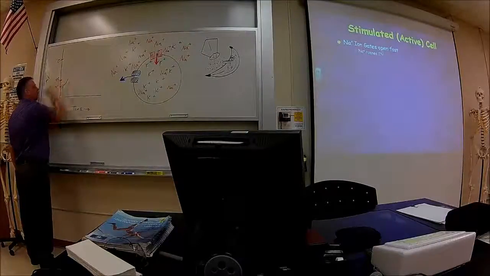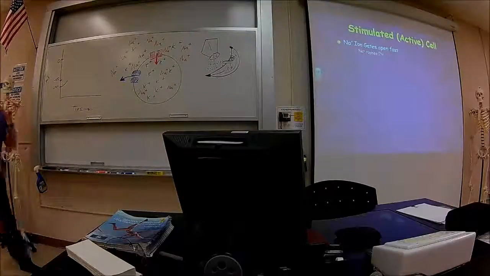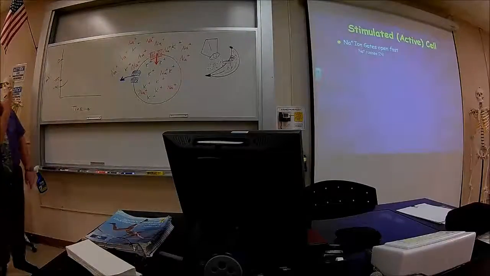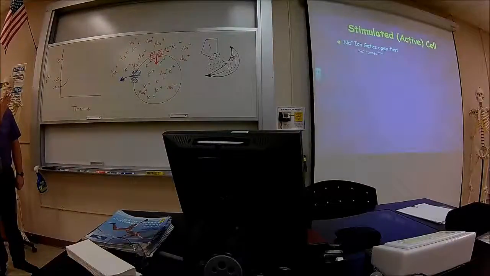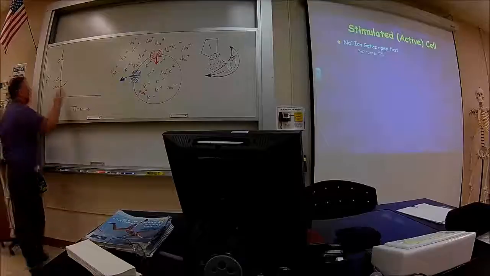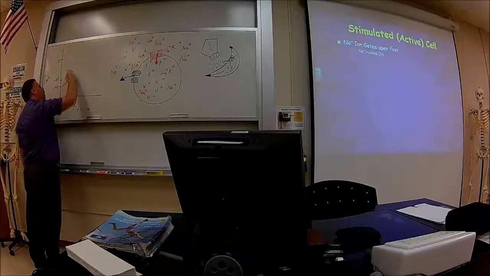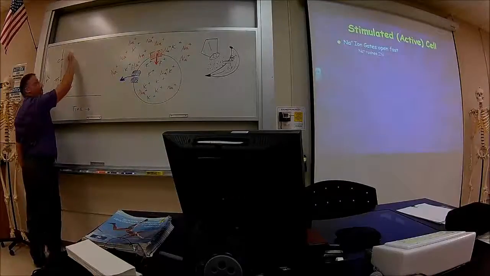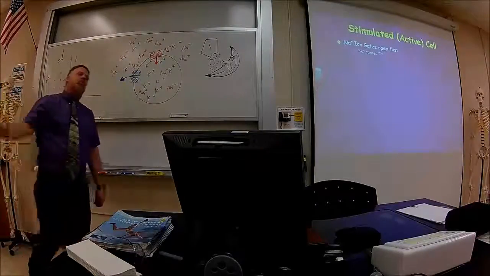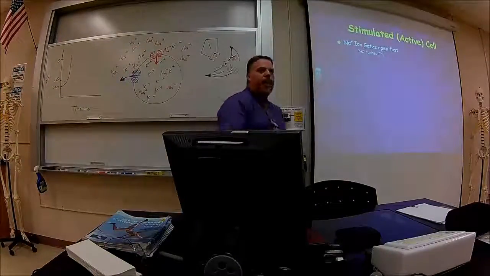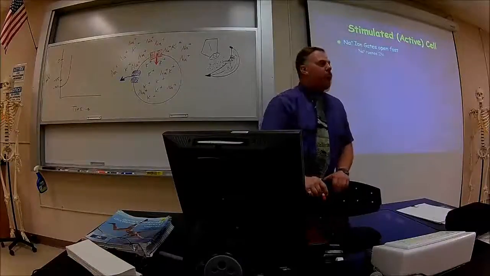But once it reaches negative 55, because positive is coming in, this is going towards 0 now, right? Once it reaches negative 55, the sodium channels open all the way. Sodium is going to pour inside, making the inside of the cell more positive.